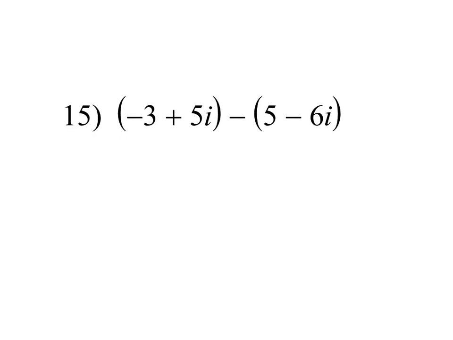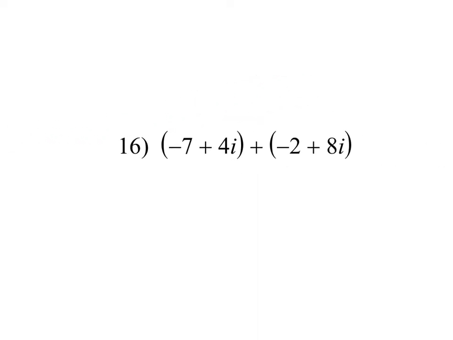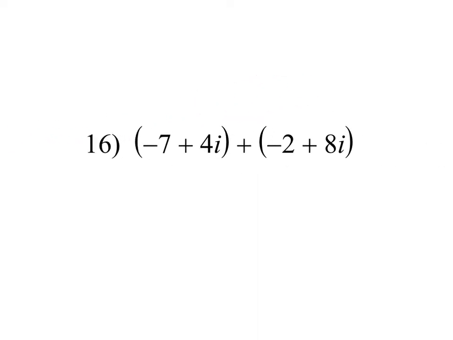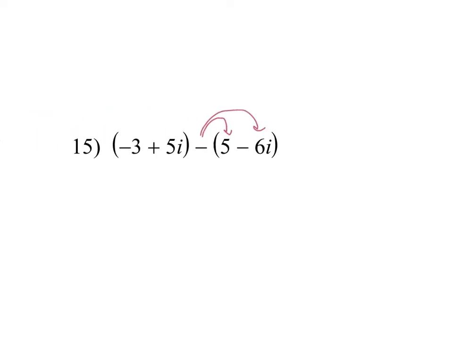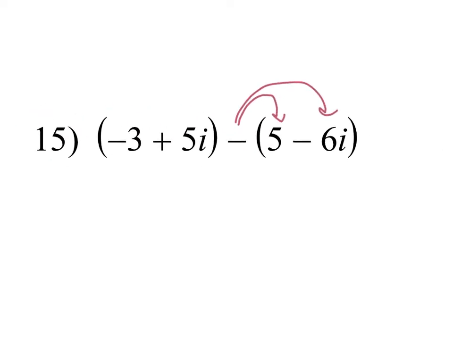So if there's a negative right out front of the parentheses, you have to distribute it to what's inside the parentheses. If it was just a positive sign, so if you look at number 16, we could just drop the parentheses right away. But since there's a minus sign in front of this parentheses, we have to distribute it to the parentheses it's touching. So we have plus 5i, minus 5, plus 6i.